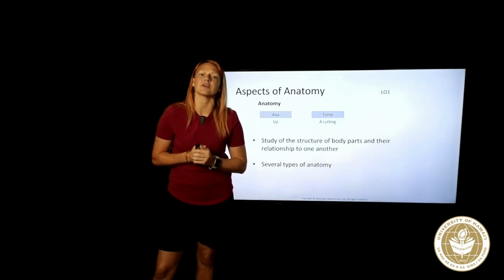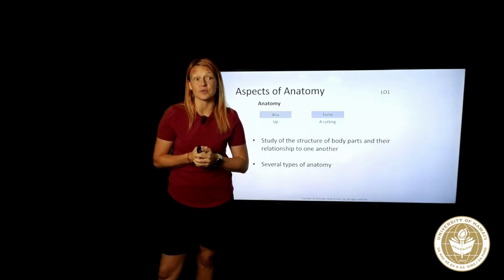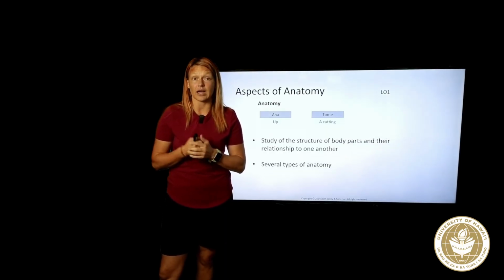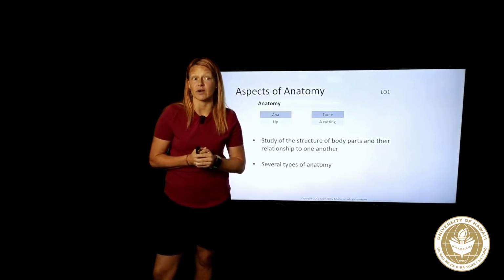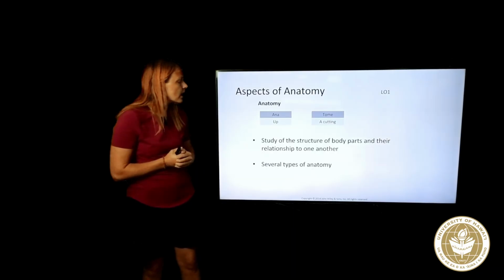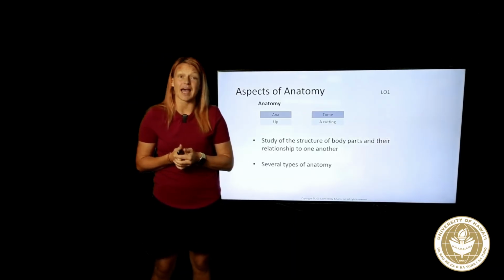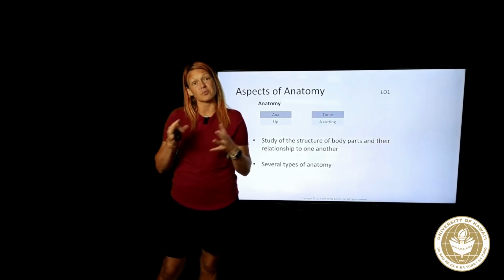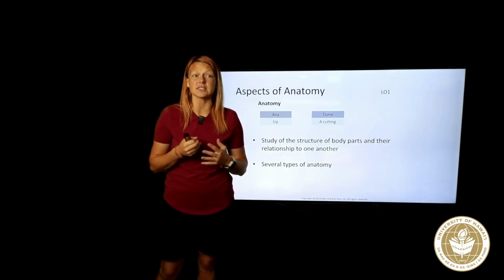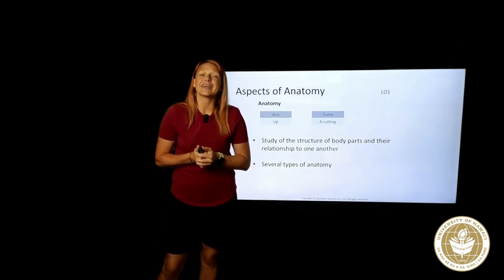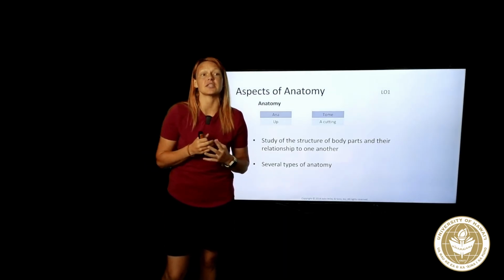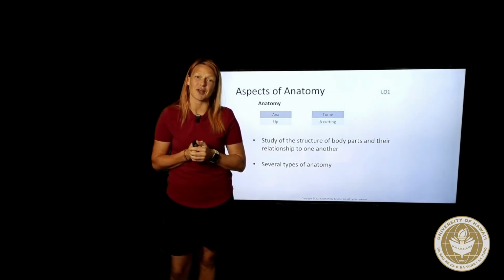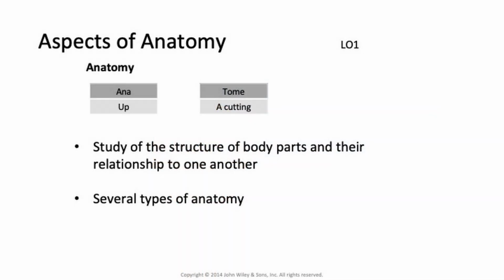Anatomy, I've found, is easier for students to grasp because you can actually see and examine different body parts. There are several different types of anatomy. In other words, it's broken up into different branches. Anatomy is really a broad field with multiple subdivisions, which we're going to discuss on the following slides.